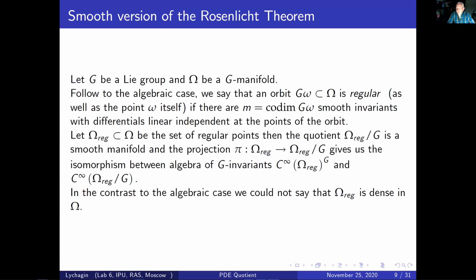And then the quotient will be once more, say, a smooth manifold, and so on. But the main point is that omega regular, the set of regular points, can be just empty. So you can repeat the construction of Rosen's theorem, but in Rosen's case, it says that we can remove a very tiny subset from omega, and the result will have a very nice quotient as a projective manifold. Okay.